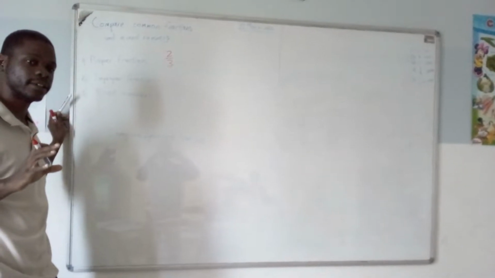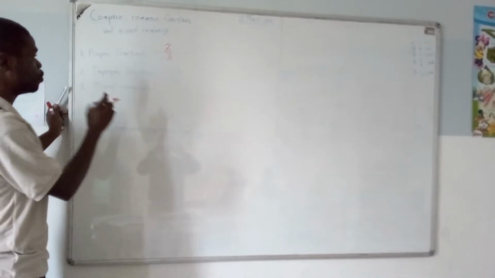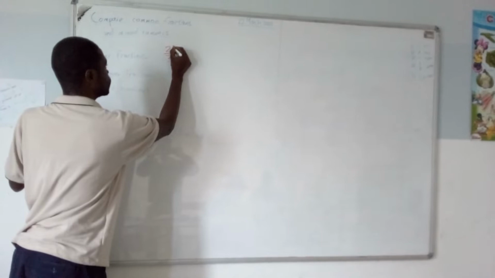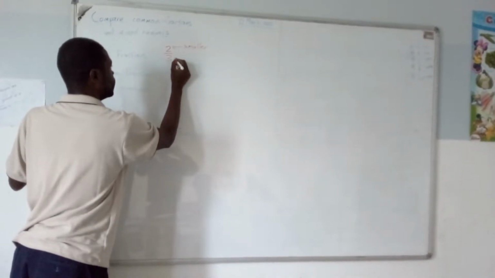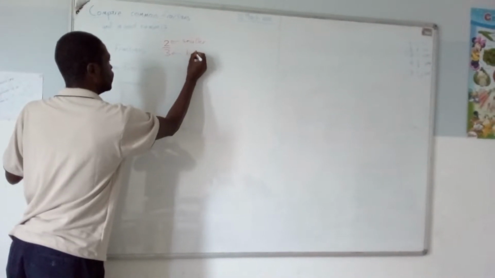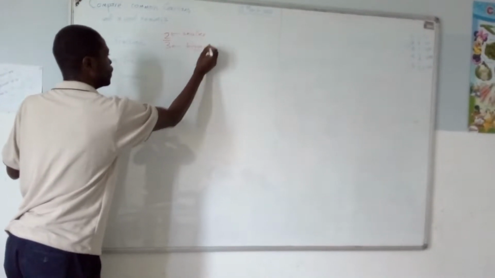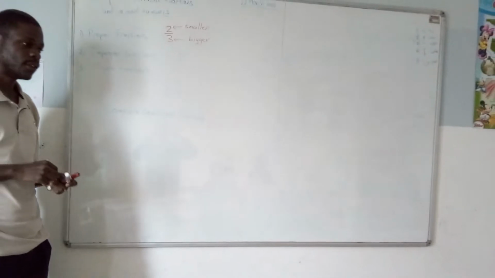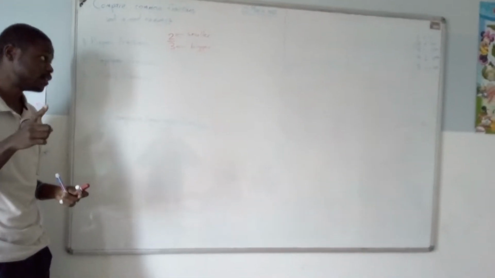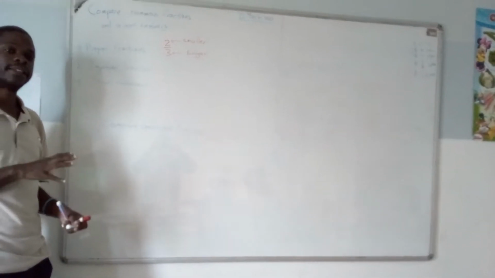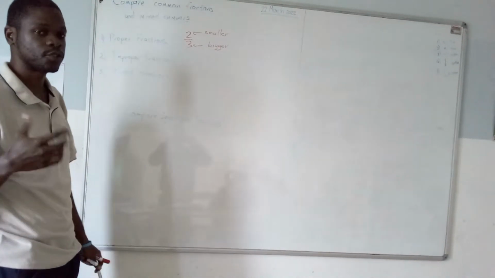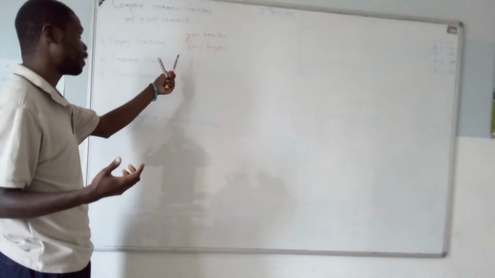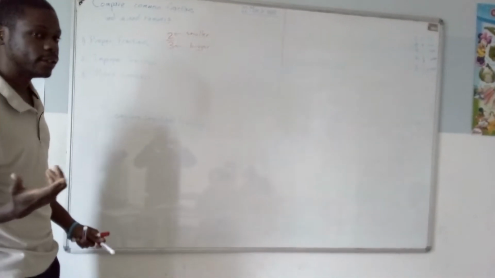With a proper fraction, the numerator should be smaller and the denominator is said to be bigger. Always the numerator must be smaller, and the denominator is bigger than the numerator.